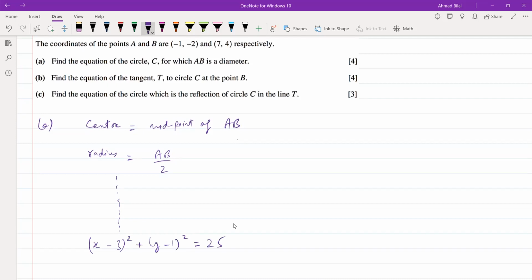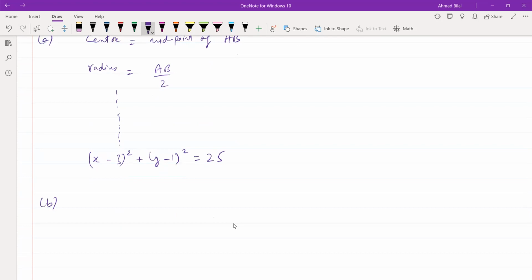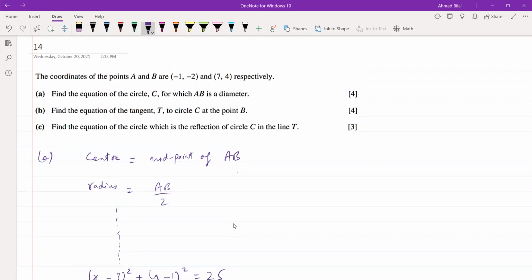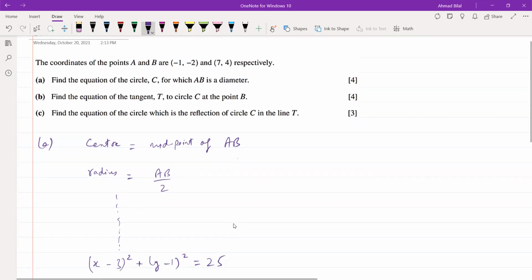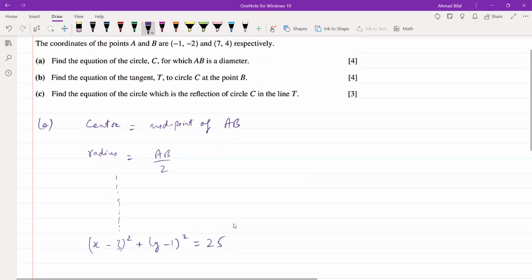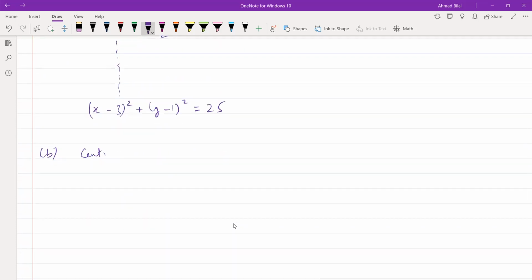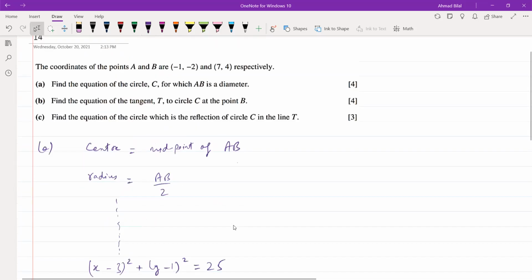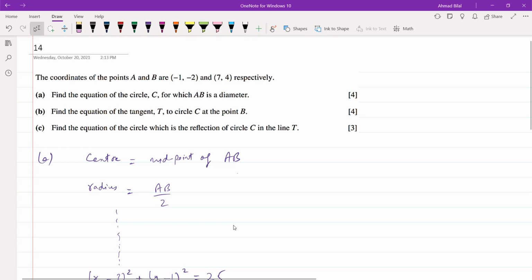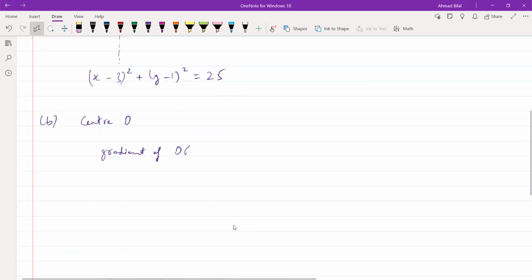Okay, so this is something that you can do. In part B, it says find the equation of the tangent to circle C at the point B. So all you have to do is find the gradient of, let's call the center of the circle O. Then you find the gradient of OB, because the tangent is at B, and you'll get something there.